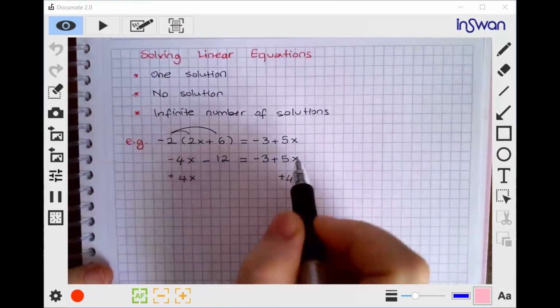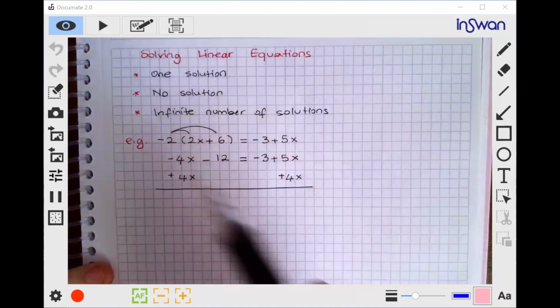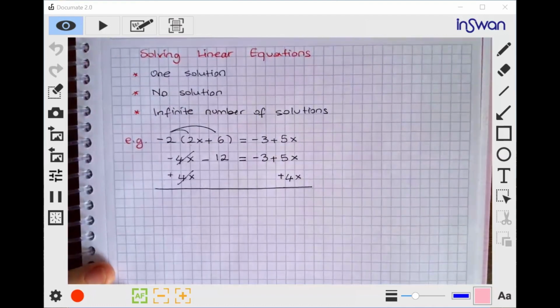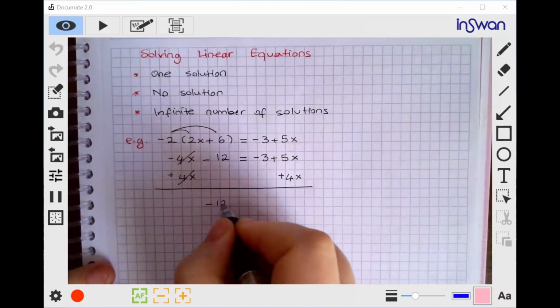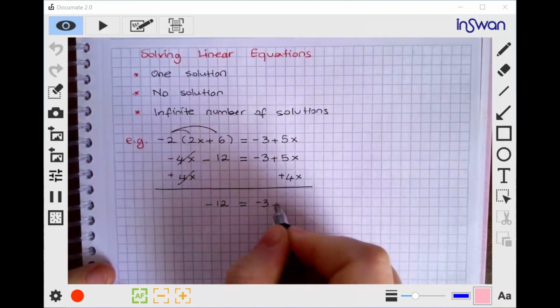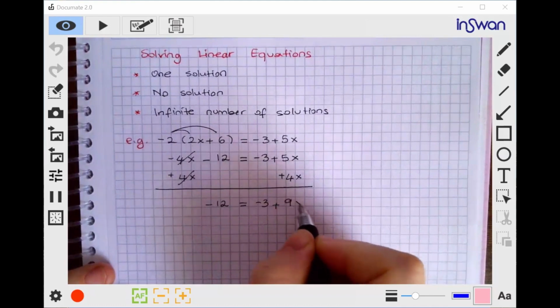When we add 4x to both sides, what happens is that negative 4x and positive 4x cancel out on the left, so we are only left with negative 12, which equals negative 3 plus 4 plus 5x, which is 9x.